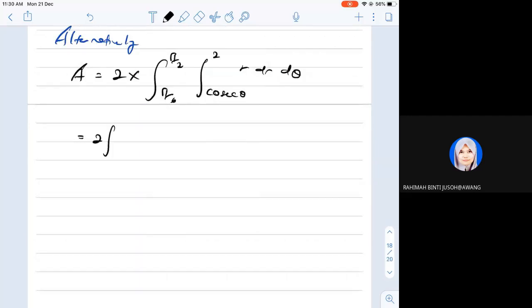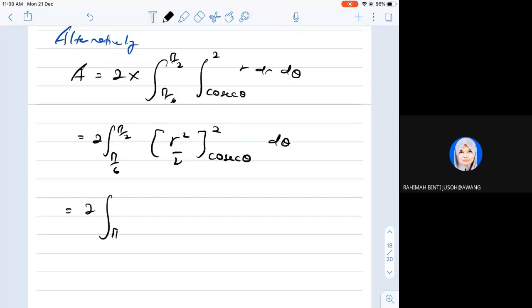So let us proceed. 2 times the integral from pi over 6 until pi over 2. r squared over 2, so we will have 2 and then cosecant theta, d theta. 4 divided by 2 is 2, isn't it?